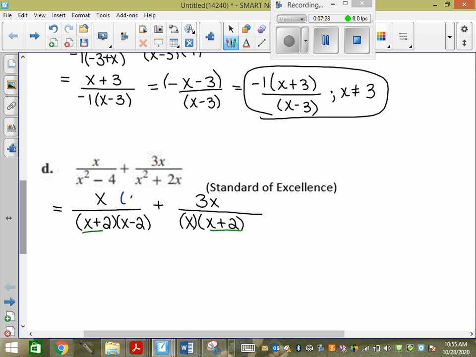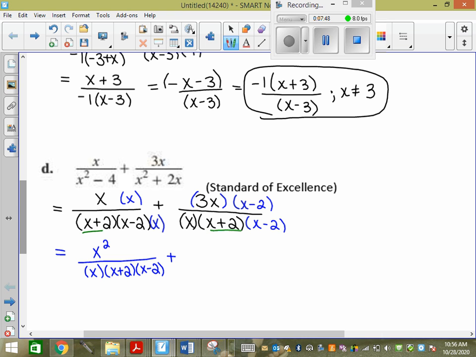So I'm going to multiply this one by x, and this one by x minus 2. So on the top, we're going to get x squared over (x plus 2)(x minus 2).